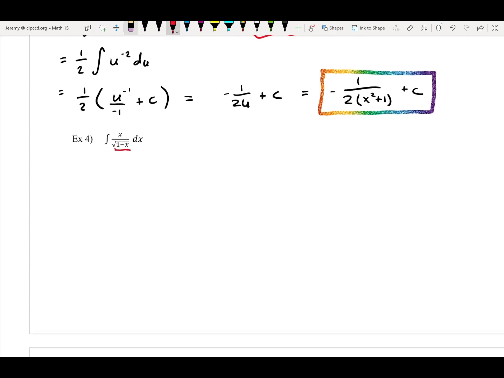Maybe let 1 minus x be my u value. How about u equals 1 minus x? And then the derivative du dx is going to be just -1. So what we'll end up with, solving for dx, is negative du equals dx.